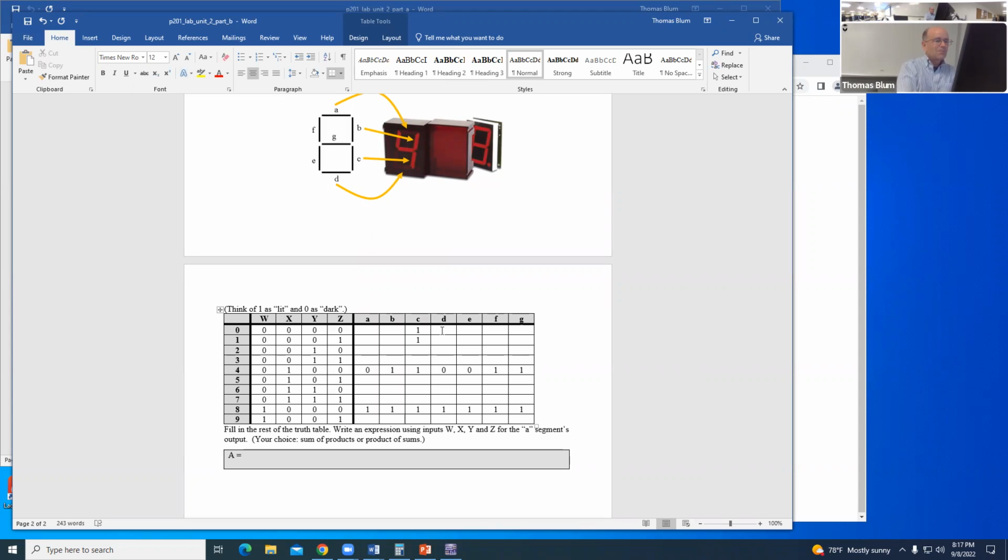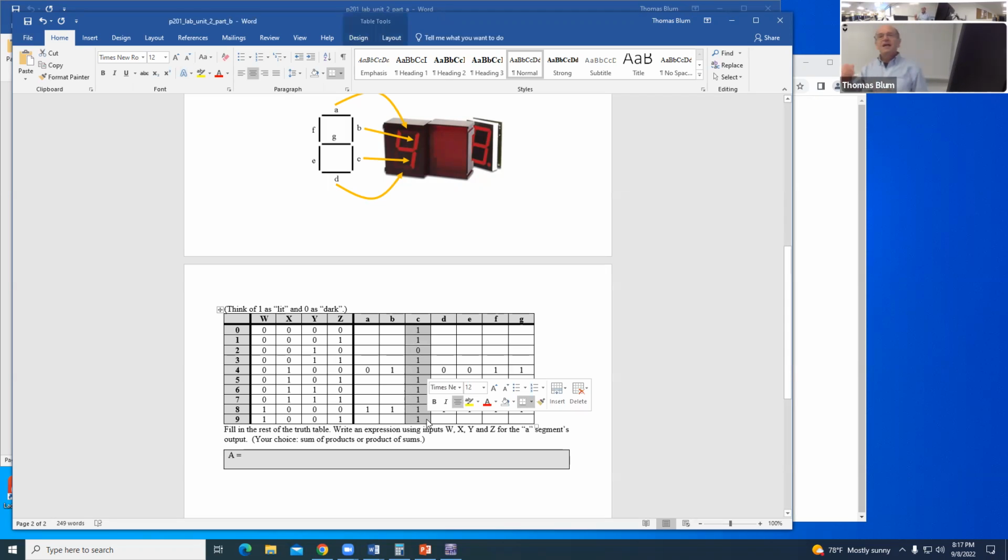No. Is C lit up for a 3? Yes. The 4 was lit up, we already did. Is it lit up for a 5? Yes. For the 6? Yes. Yes for the 7, yes for the 9. So then, if I were doing C, you're not doing C, you're doing A.